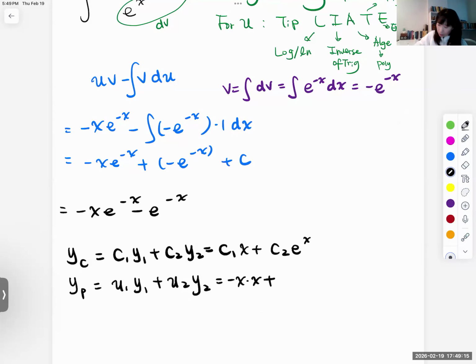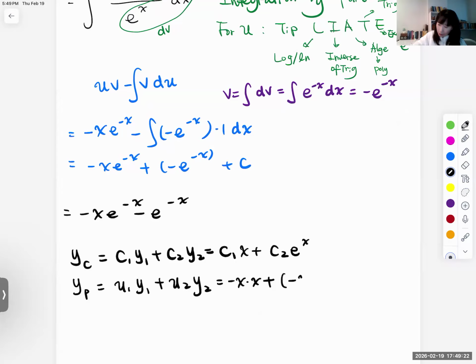And then x plus u sub 2, we found negative x e to the negative x minus e to the negative x. And then y sub 2, which is e to the x power, right?